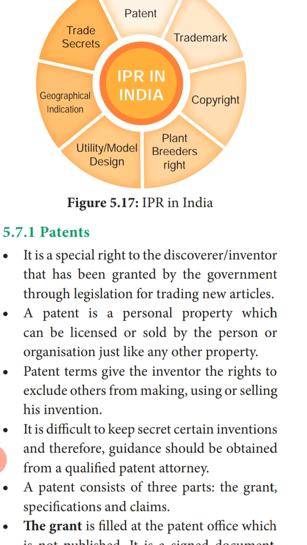Patent terms give the inventor the right to exclude others from making, using, or selling his invention. So a person who has this patent over the article or object he has invented, the others cannot make it, use it, or sell it without the knowledge of the inventor.